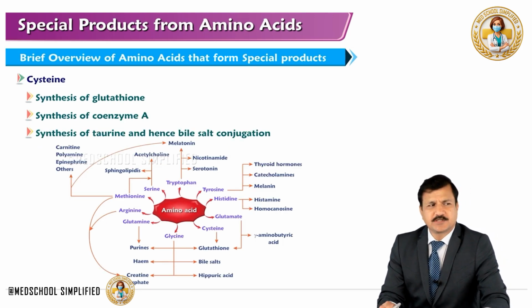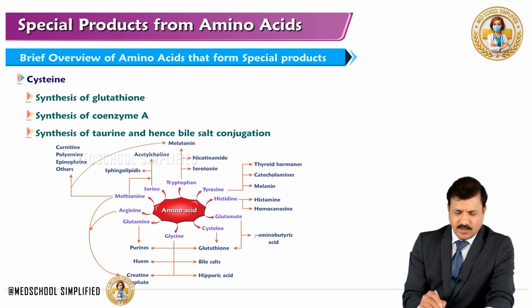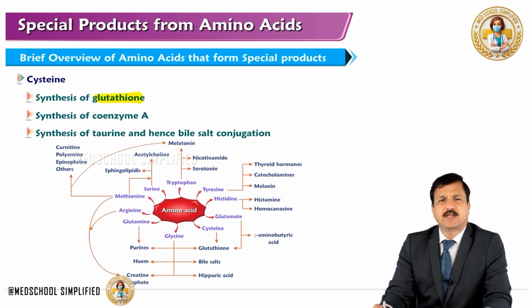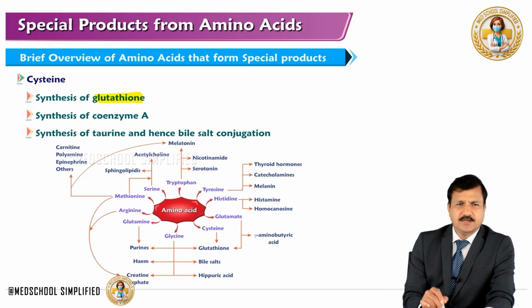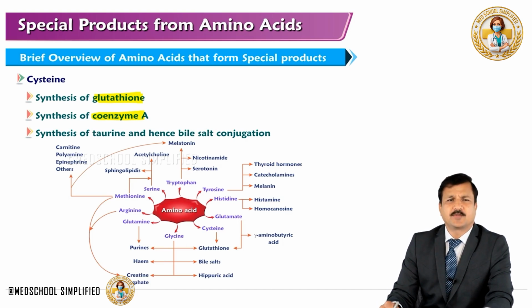Coming to the special products that come from cysteine. Cysteine is involved in the synthesis of glutathione. You know, glutathione is an antioxidant, and glutathione is gamma-glutamyl cysteinyl glycine. Cysteine is also involved in the synthesis of coenzyme A. Coenzyme A is involved in so many metabolic processes.